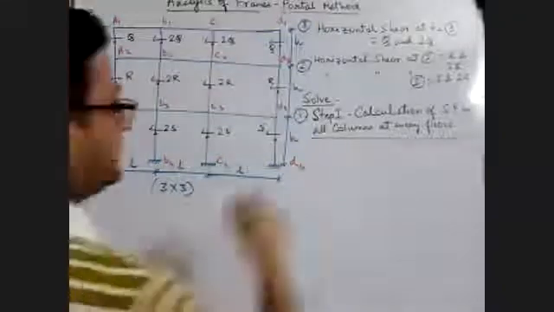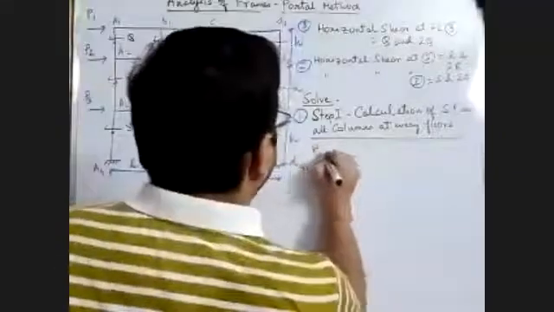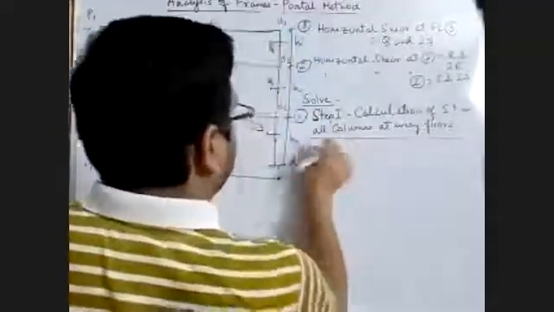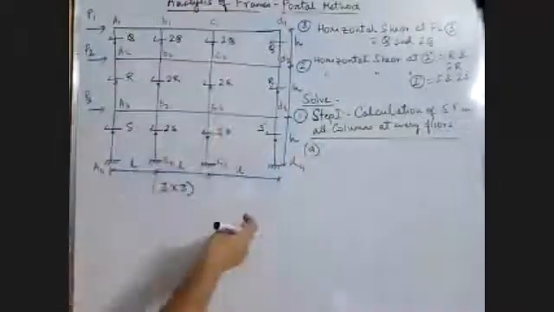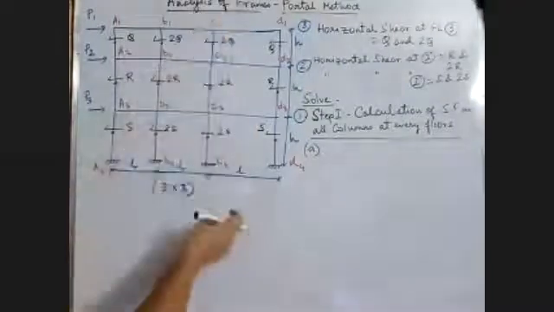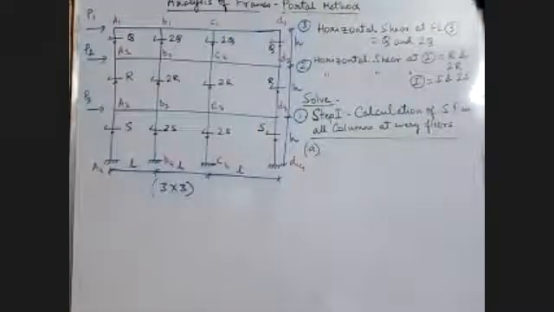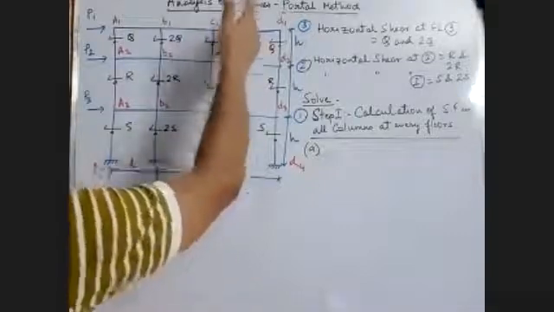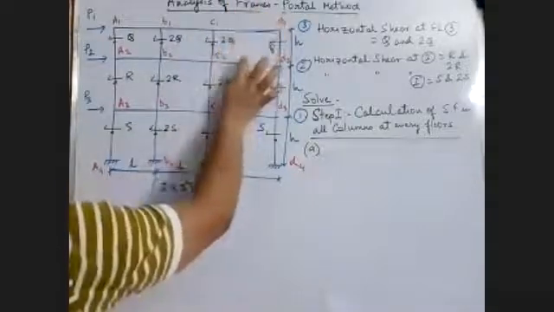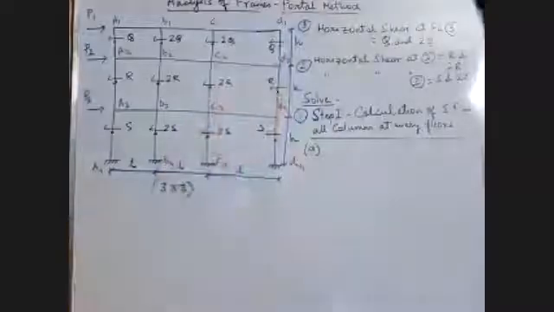First, we will write at floor level 3. We start analysis from top floor to bottom floor. Always remember, for the portal method, we start the analysis from the top floor, that is third floor, second floor, and first floor.